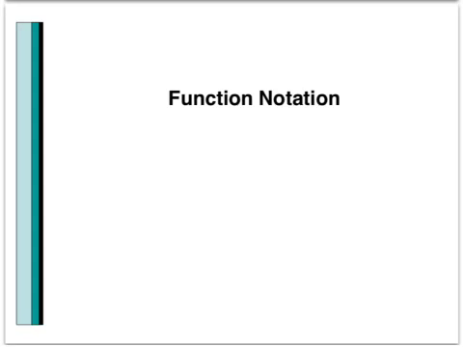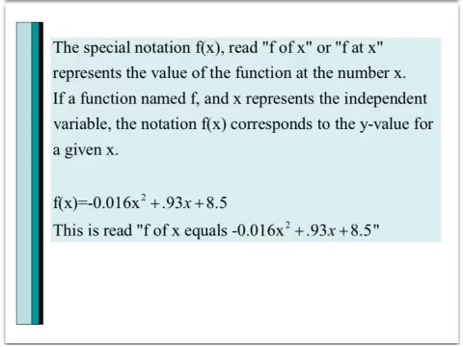So now we're going to look at function notation. And what we write is f of x. There's f of x, and that's how I read it. You could read it f at x, but generally I read it f of x. So that's what you'll hear me say. That's what I hear most of the time. But if someone said f at x, that also works.